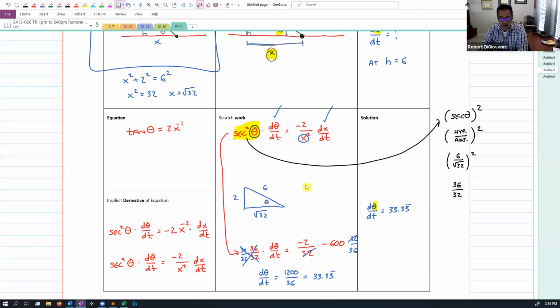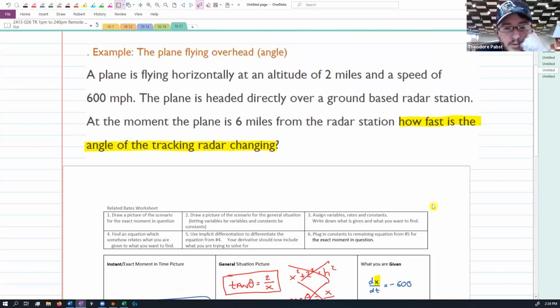That's right. The answer is radians. It has to be radians, all right? Everything is radians unless you specify degrees. So this is going to be radians. I'm just going to put rad per time. What was our time measurement? Hour.